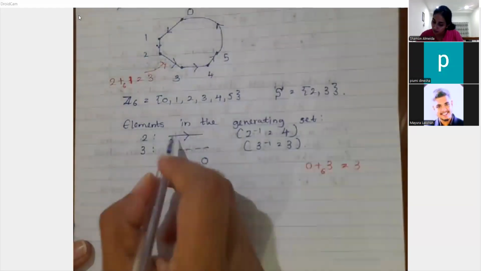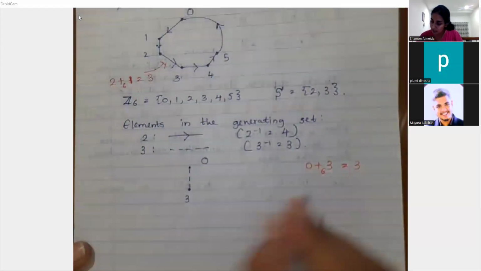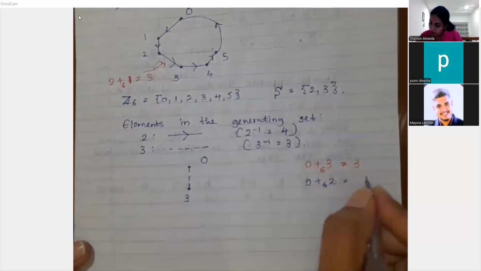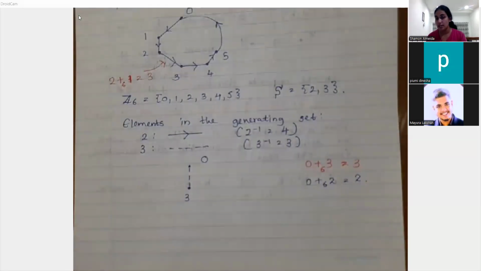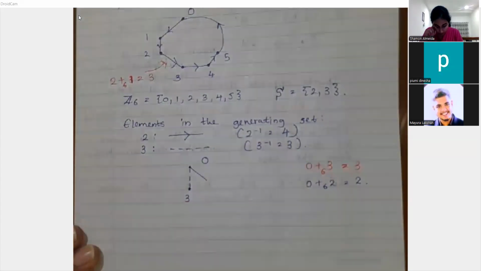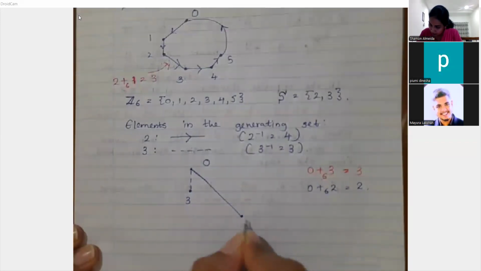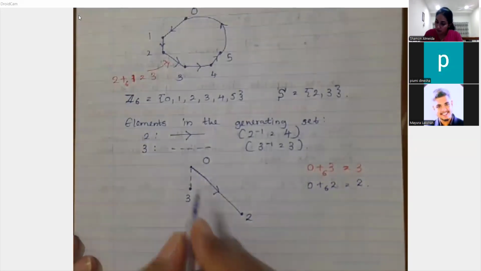On the other hand, corresponding to this solid line, because for each vertex, like I told you, we must have these two edges, right? 0 plus 2 is 2. Divide by 6, take the remainder, you get 2. So from 0, you have a directed line to 2.